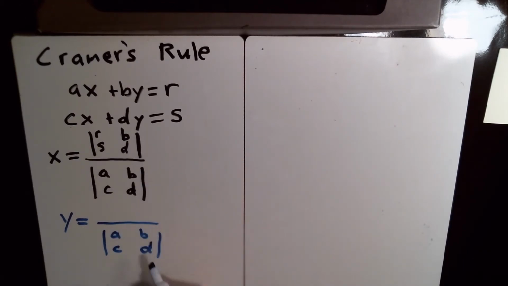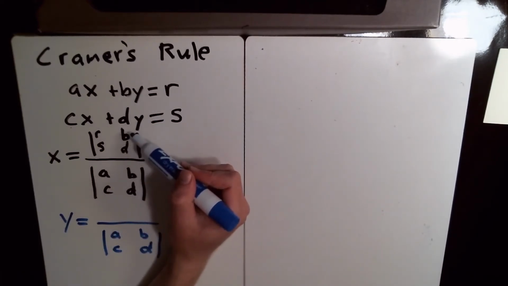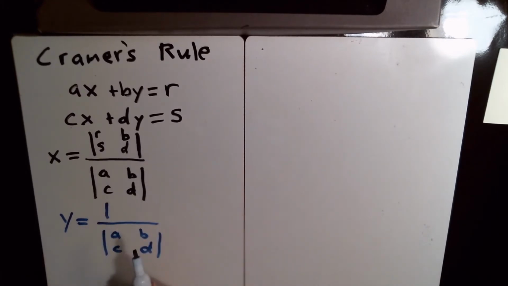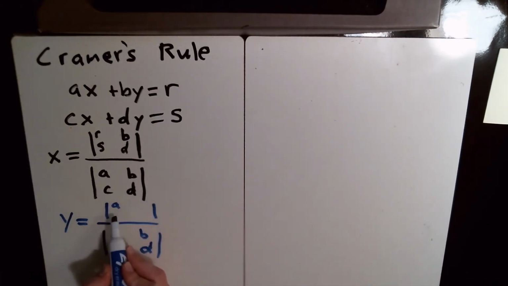So I do the same determinant on the bottom, but since y is the second variable, on the top I put the same thing as what's on the bottom, but I replace the second column with r and s. So a, c stays the same, but then r and s switch. So Cramer's rule tells you what the solutions are for a system of equations. You can find x and y using this rule.